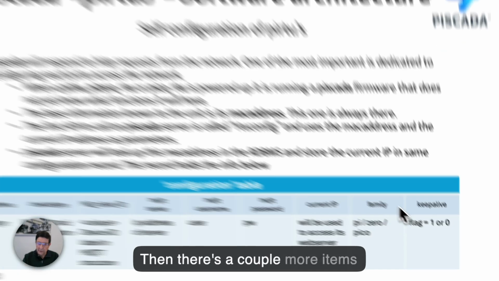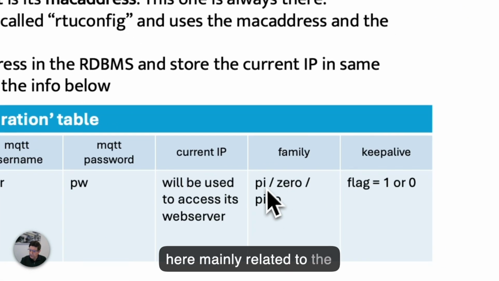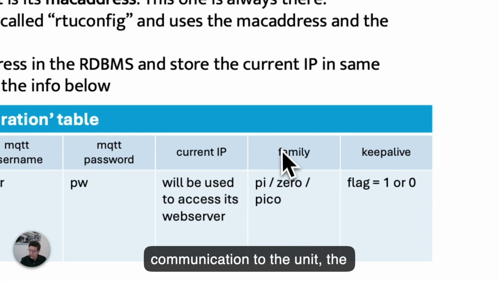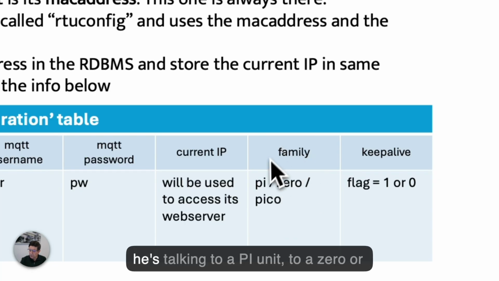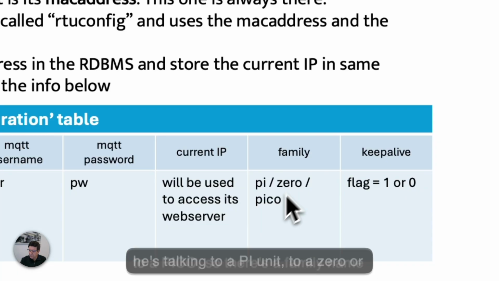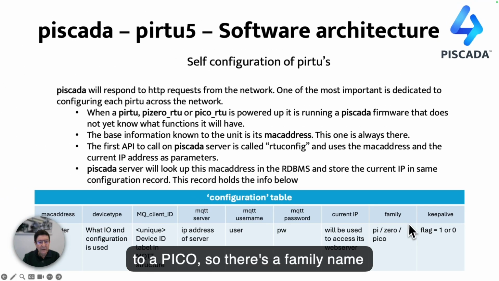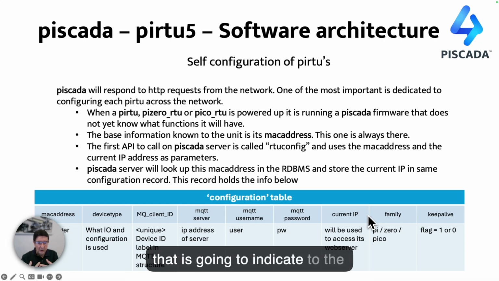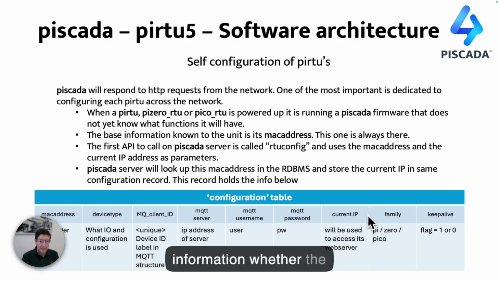Then there's a couple more items here, mainly related to the communication to the unit. The piscada needs to know whether it's talking to a pi unit, to a 0, or to a pico, so there's a family name in there. And then there's a keep alive signal that is going to indicate to the piscada master, but also to the users when they look at this information, whether the communication with this particular RTU is in good shape or not.